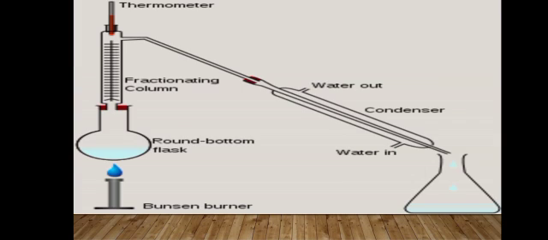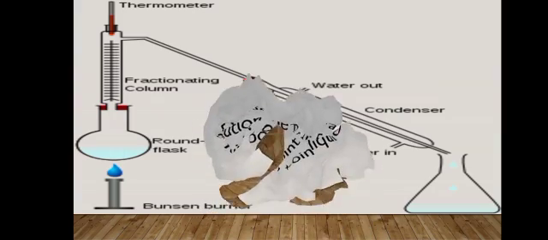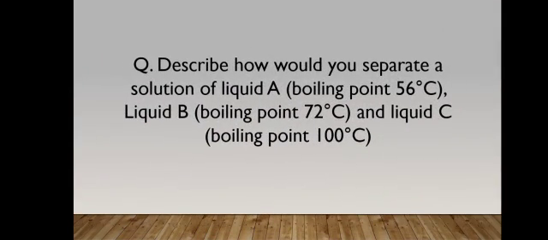Now for that question, the mixture given in question number 4, which contains liquids A, B and C, we will put that liquid in this round bottom flask. We will provide heat to that liquid and the boiling process will start. As we know from this question, liquid A has the lowest boiling point, which is 56 degrees Celsius.